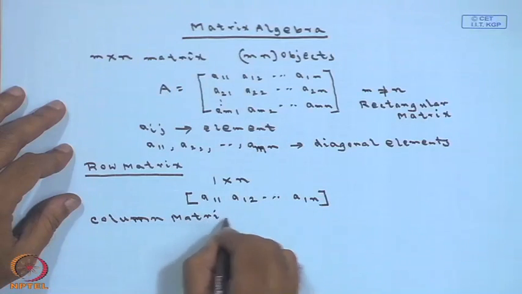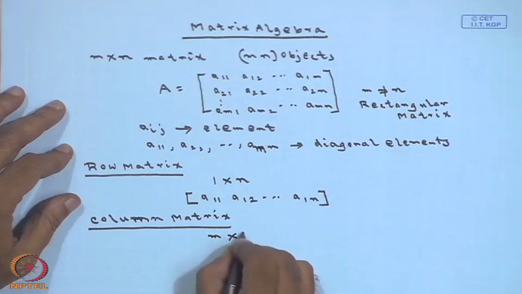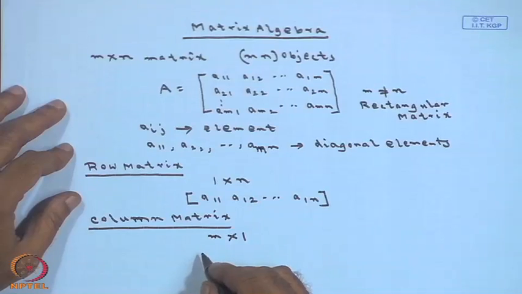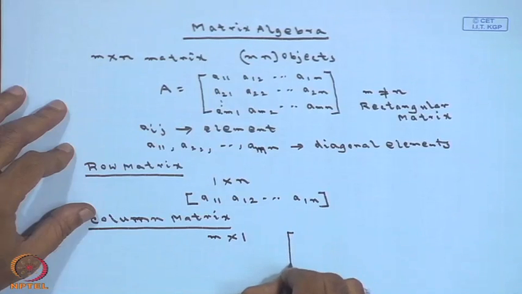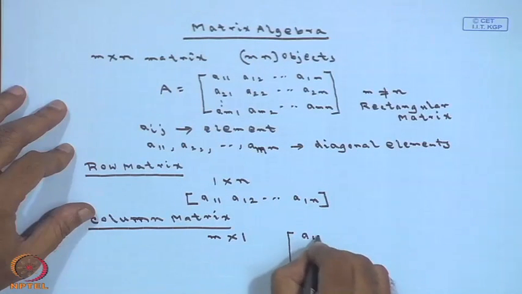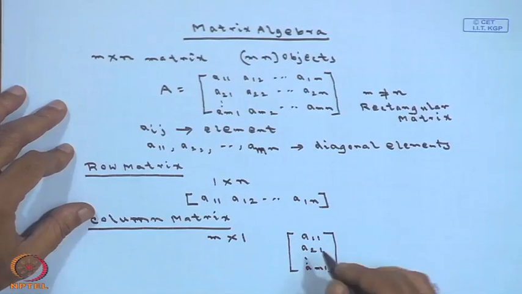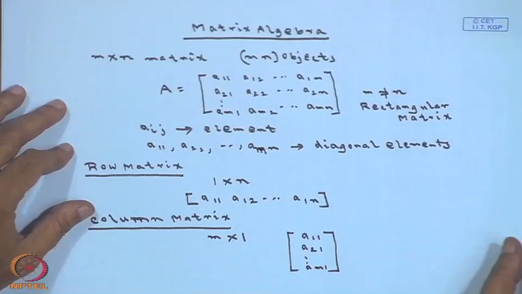A column matrix takes the form of m cross 1, that is m rows and 1 column: A11, A21, up to Am1. This we call the column matrix.